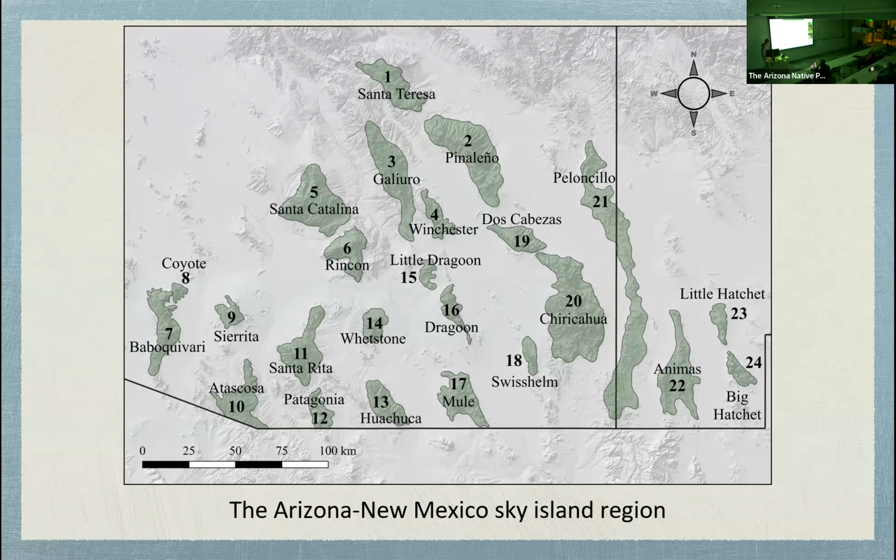The same is true in Baboquivari, which includes in our study Quinlan, as Deo et al. also did. Again, there's no clear differentiating line between those ranges. So Baboquivari includes Quinlan, and Atascosa includes Tumacacori and Pajarito. And this is basically our range.